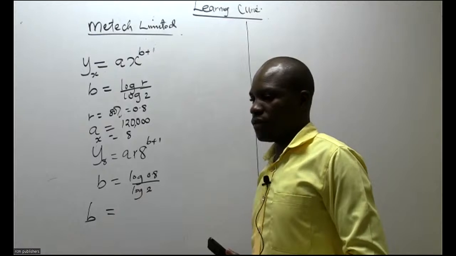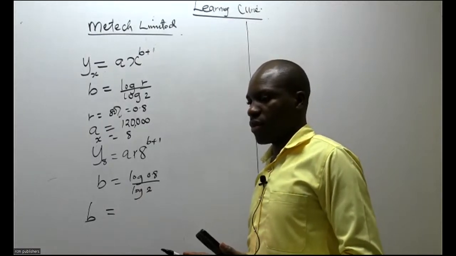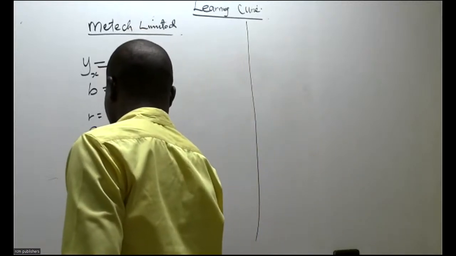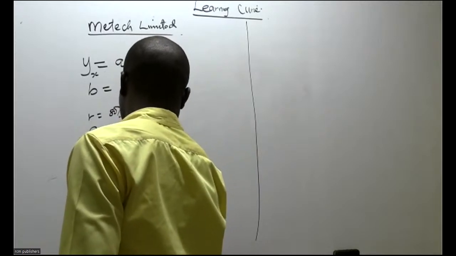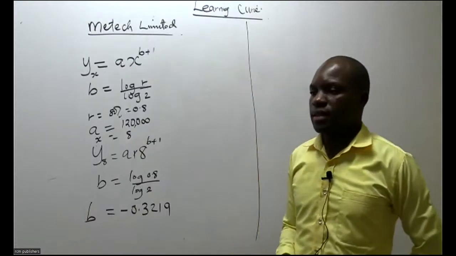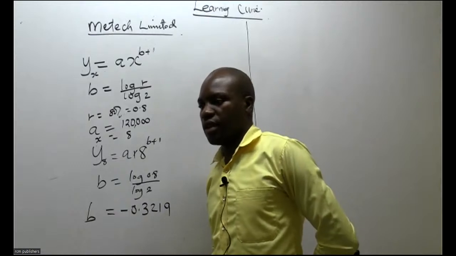What do you have to at least 4 decimal places? What do we have? Negative 0.3219. So is it now clear to all of us? Ross, confirm. Is it now clear?